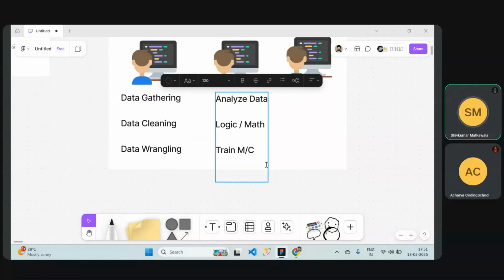Then after training machines, check whether the machines are giving proper results or not, with real-time data, the proven data, and test data. Test the machines. Sometimes we call it a model also. After testing these machines, these models, if they are okay, there are different ways to test, like you can quantify and measure its accuracy with different scores.